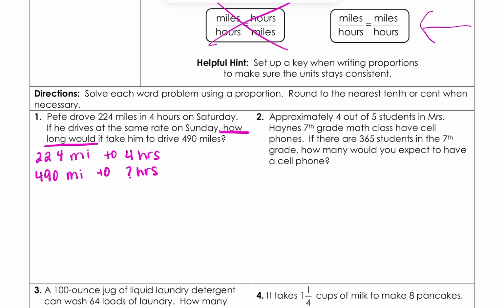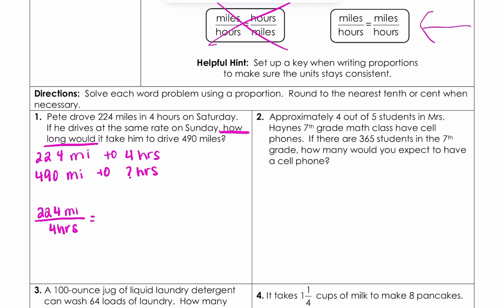Let's go ahead and set up our proportion. The first ratio that I have is 224, and once again that's our miles, over, remember our ratio can be put in a fraction, 4 hours. When we set it equal to the other ratio, we want to stay consistent.